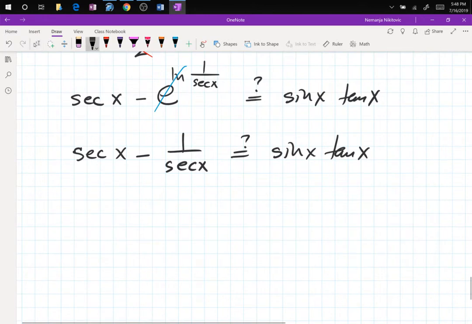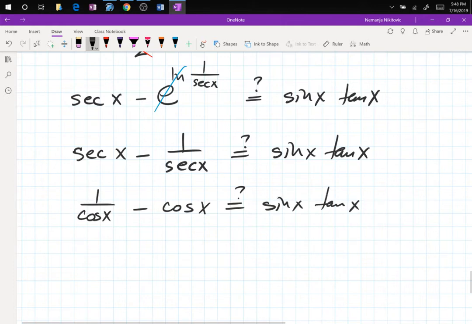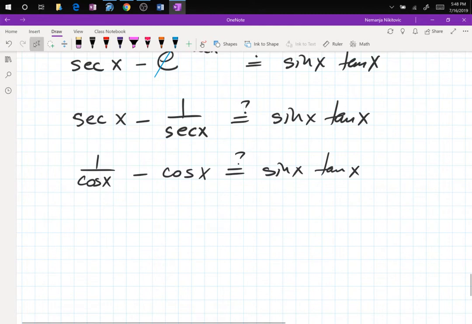The denominator, well, secant x is 1 over cosine, so 1 over secant x is just cosine. Secant x is 1 over cosine minus cosine, and that needs to be sine x tangent x. Did I mention the first class there's going to be trig in this course? I think I did.